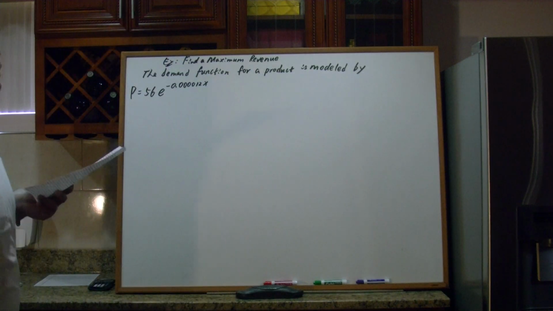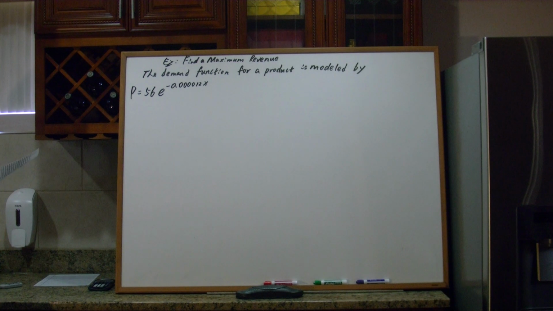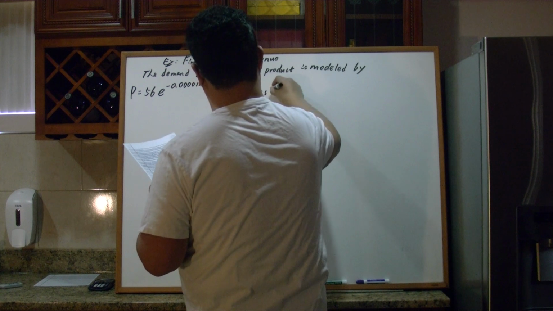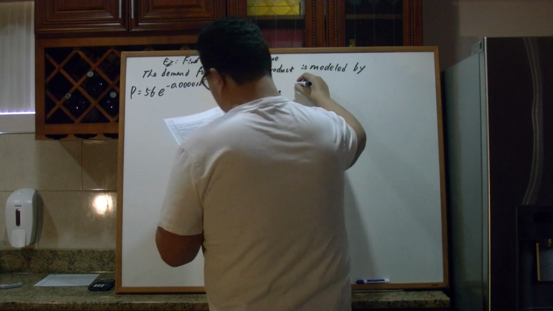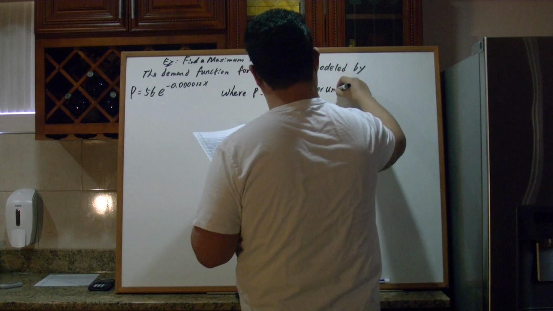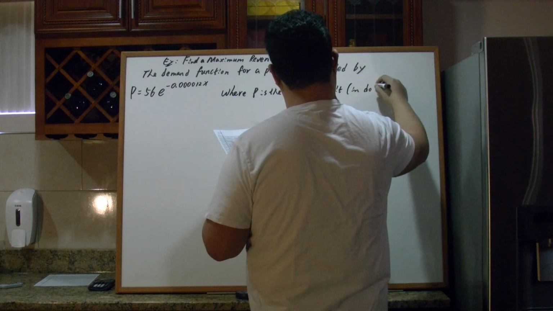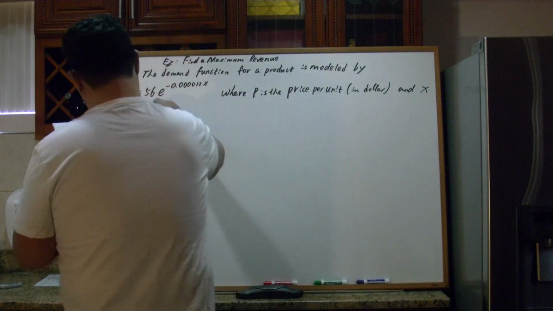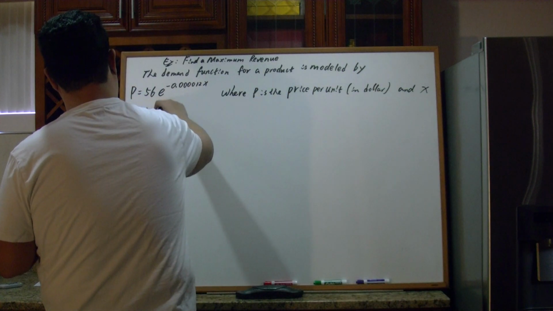Right, the demand function of a product is modeled by this function p equals 56 times e to the negative 0.000012x. p is the price per unit, and x is the number of units.